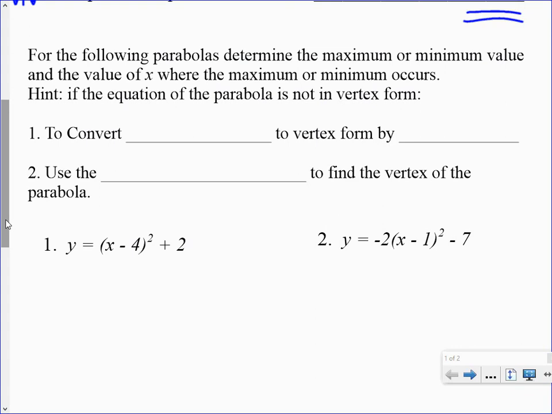So to convert standard to vertex form, we do this by completing the square.